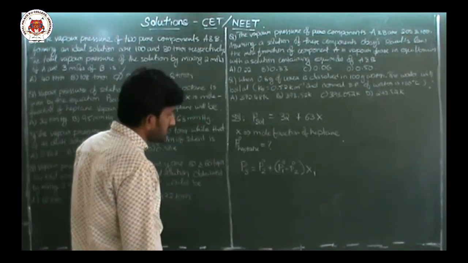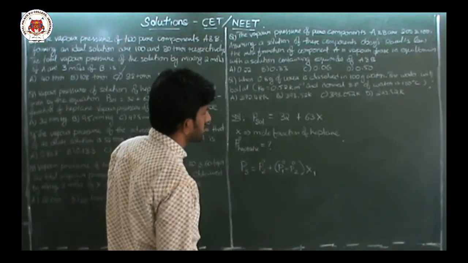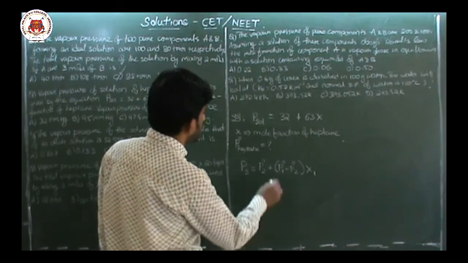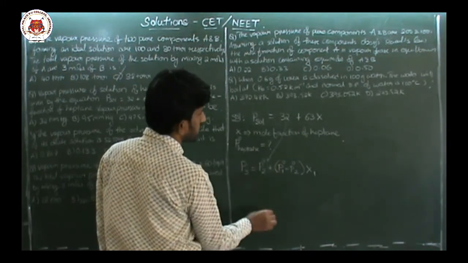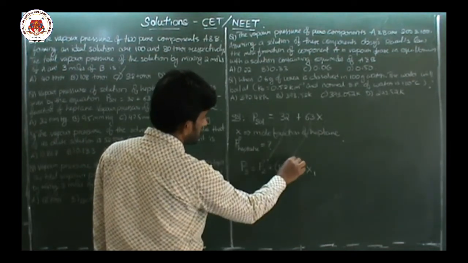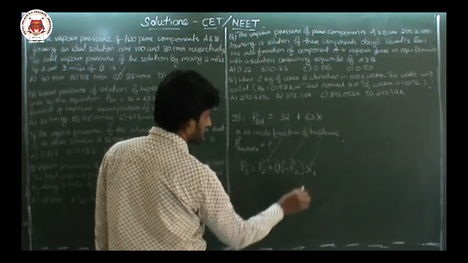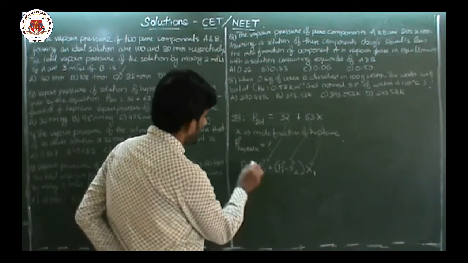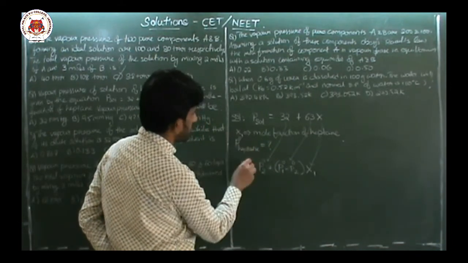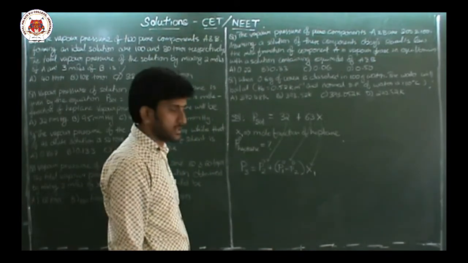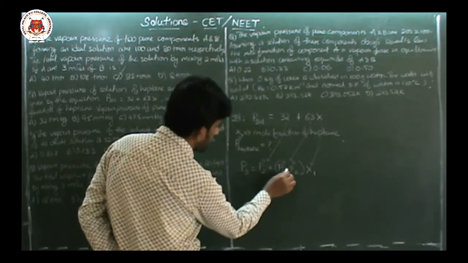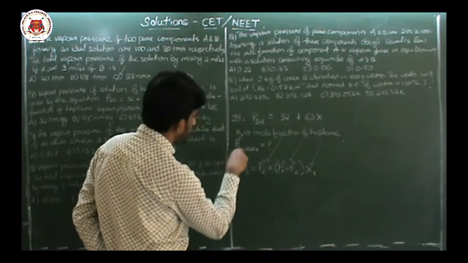Then what I can write from this equation is, this is comparable now. P02 you consider it is 32. This value is 63. This is x. So here x I am taking as x1. x1 is the mole fraction of heptane. Then what will be the pure vapor pressure of heptane? It is P01.